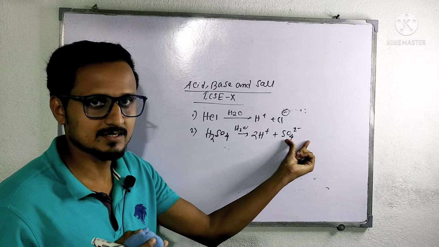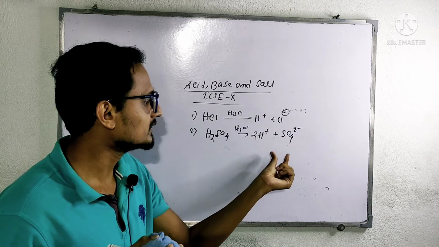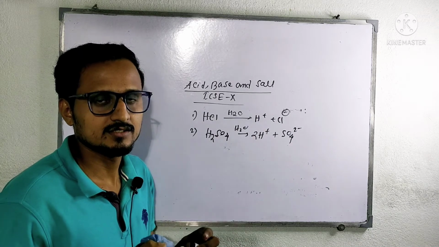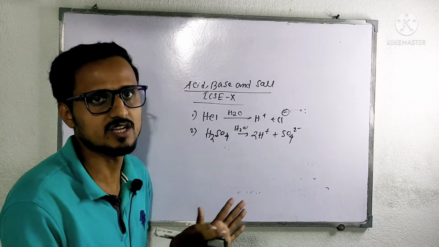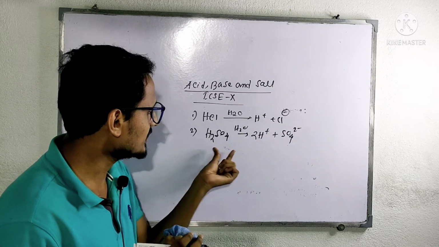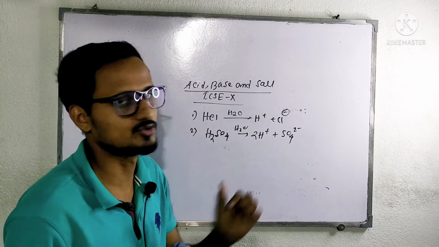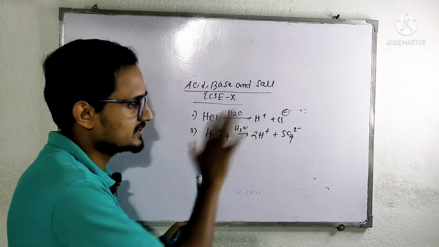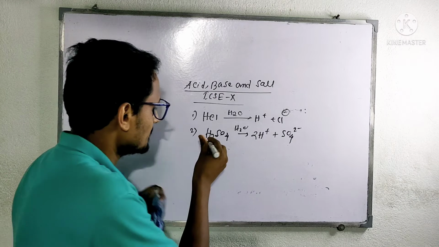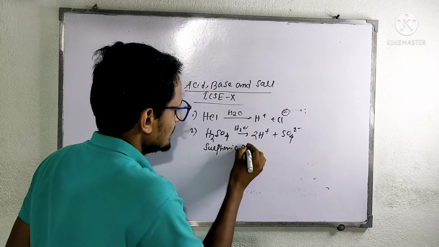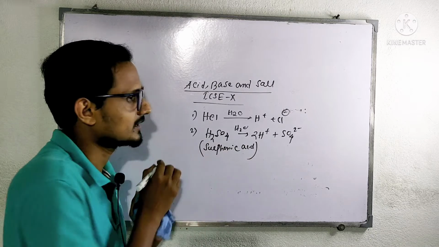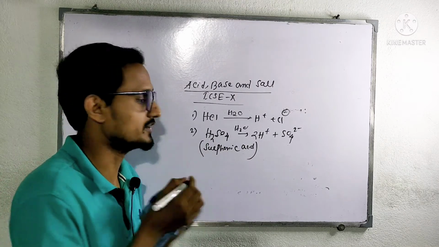SO4 will be 2 minus because overall there will be no charge, that means charge will be neutralized. Okay, this is the dissociation of H2SO4. This acid is called sulfuric acid. Okay, we have heard the name sulfuric acid.